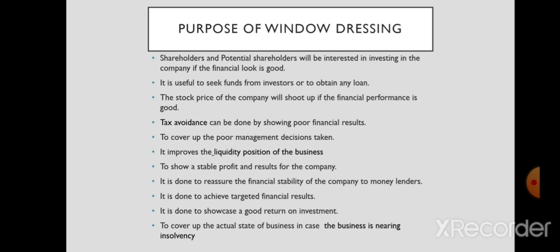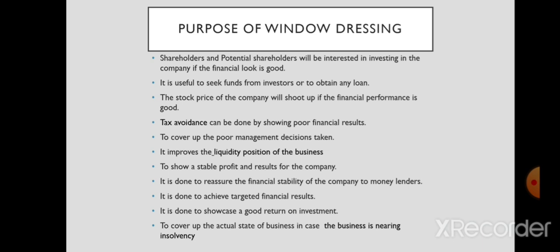If you want to decrease the tax amount payable to the tax authorities, then the organizations will show poor financial results. It is also done to cover up the poor management decisions taken.